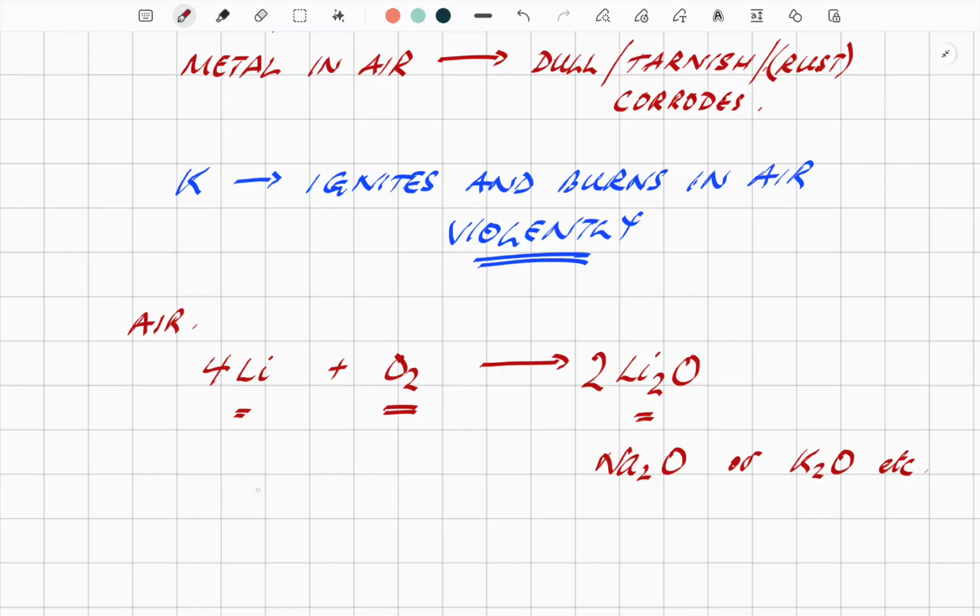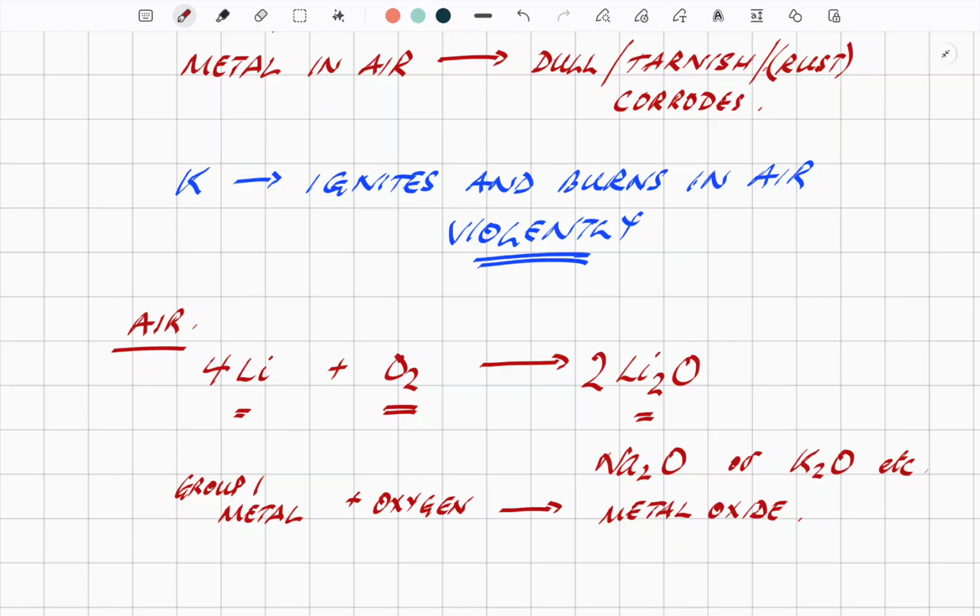So the word equation is: group 1 metal plus oxygen goes to metal oxide.